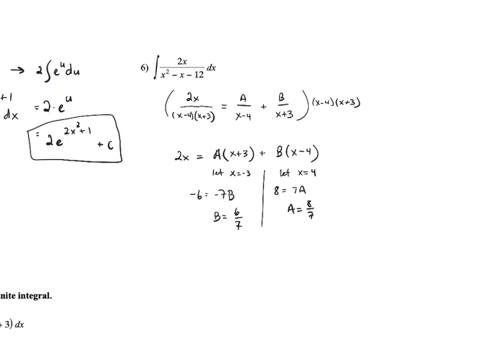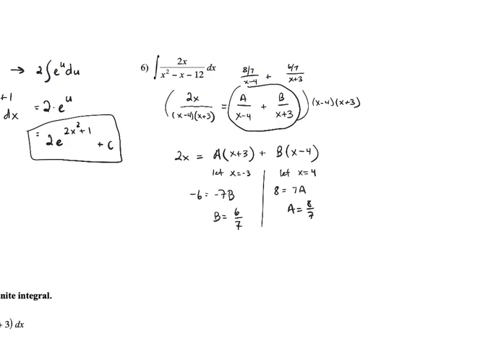So the partial fractions here become 8/7 over x minus 4, and then 6/7 over x plus 3. So those are the individual partial fractions that we can now integrate.